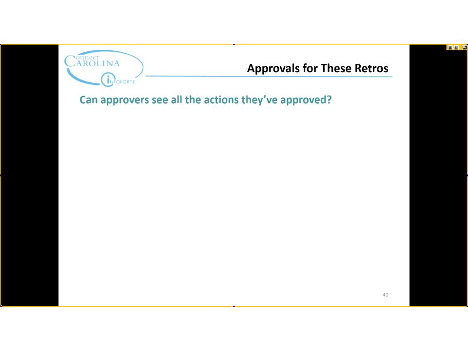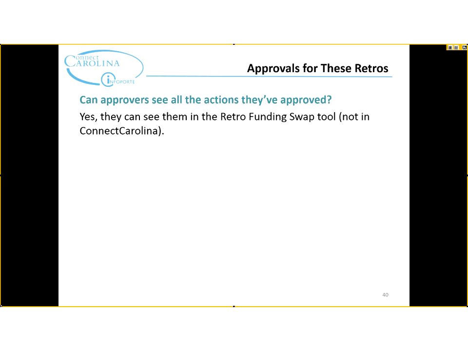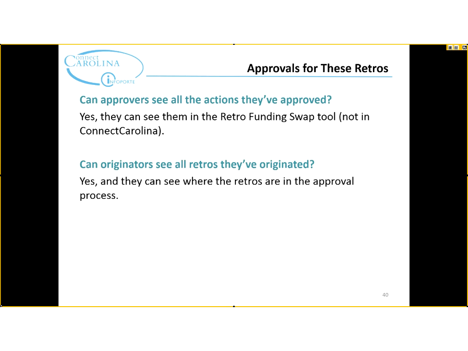All right, here are some questions folks have had. Can approvers see all the actions they've approved? Yes, they can. You can go in the Retro Funding Swap tool to see the actions you've approved. This is not visible in Connect Carolina. It's not visible in InfoPort, just in the Retro Funding Swap tool. Can originators see the retros they've originated? Yes, and again, you're going to see that in the Funding Swap tool, nowhere else.